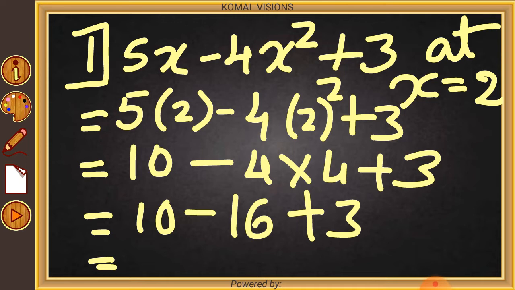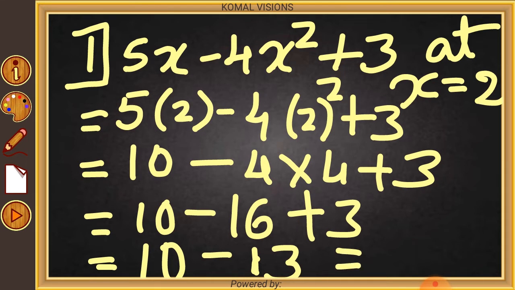Minus 16 plus 3, how much will we get? Minus 13. Correct? Minus 13 and 10 here. 10 minus 13 is minus 3, because we are subtracting from a smaller number, so we get minus 3. So finally, the value of the polynomial 5x minus 4x square plus 3 at x is equal to 2 is minus 3. I hope you understood this main question.